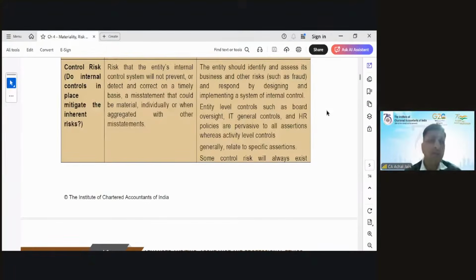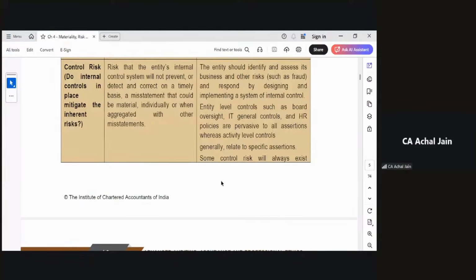Will that be appropriate? The answer is no. Because if we do that, then somewhere there is a problem, not only in the system of the organization but in our system as well. So this is the second risk which gets attached, which the organization needs to look at.